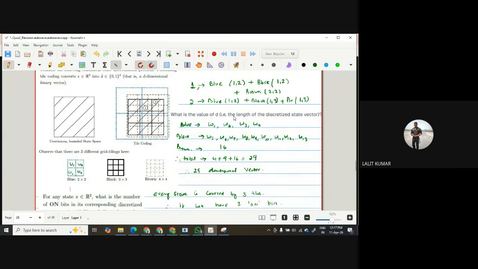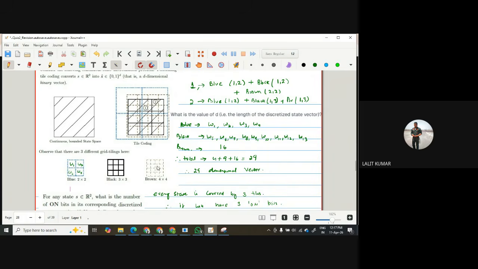For finding this d, every state can be considered as a combination of all these tiles. In these tiles we have different weights. Blue is 2 into 2 tiles, so it will have 4 weights: W1, W2, W3, W4. Black will have 9 weights.